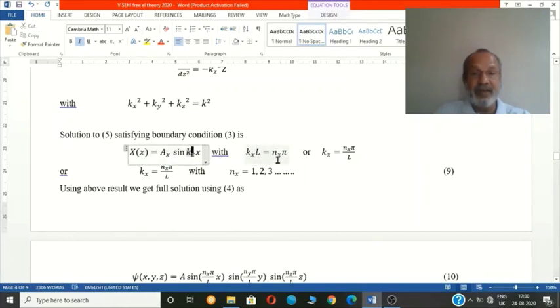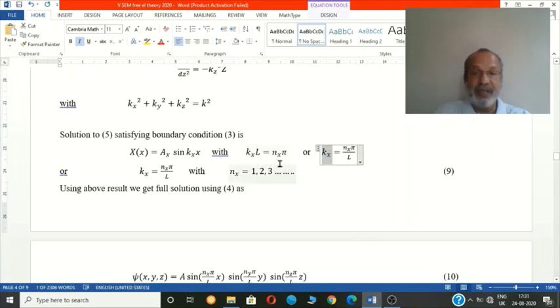So kx into L must be some n into pi, because sin n pi is equal to 0. I am taking that as nx pi, because we have to consider y and z also. So nx can be 1, 2, 3, etc. So the values of kx are limited. We cannot have any value for k.